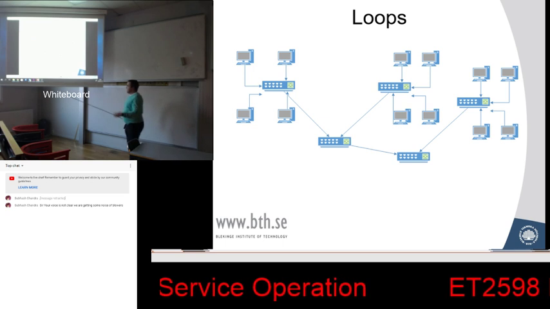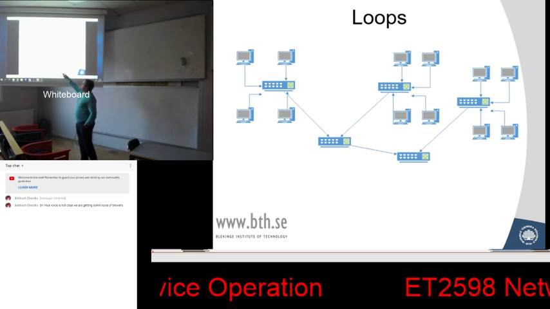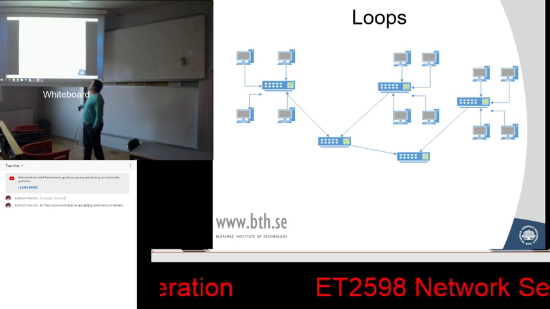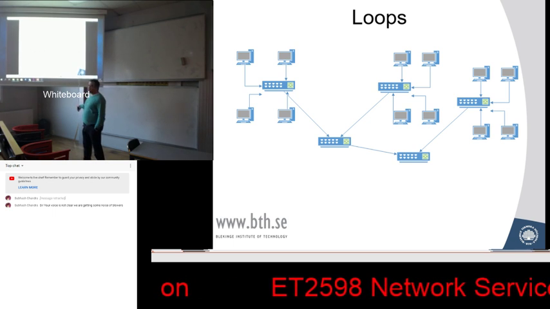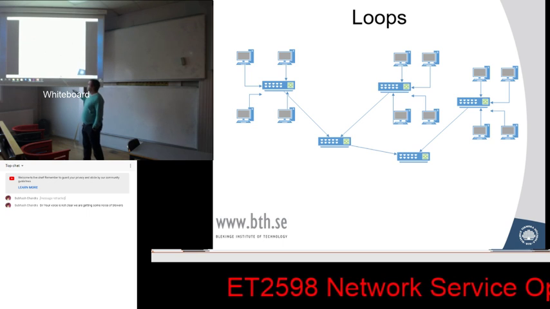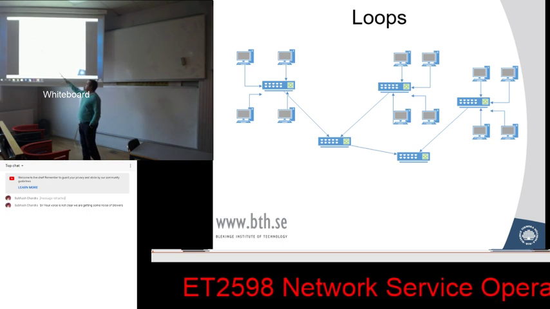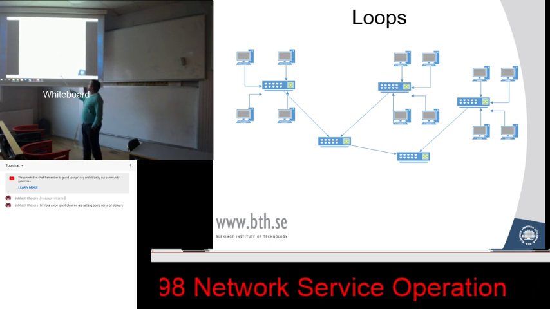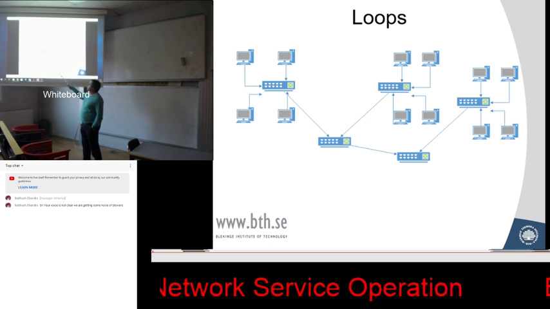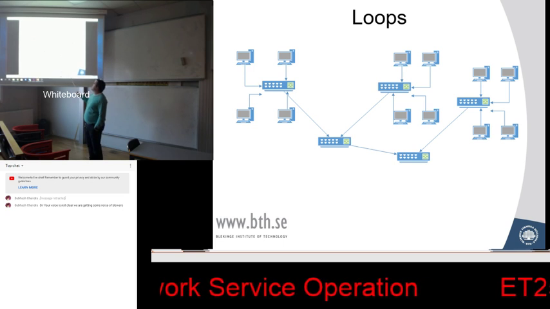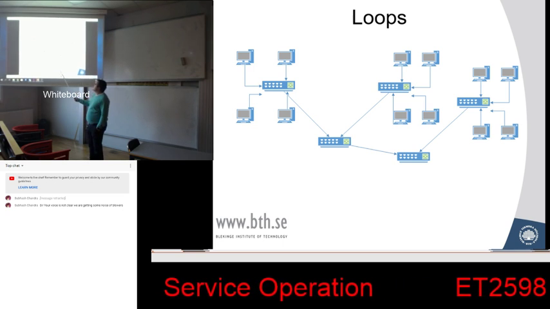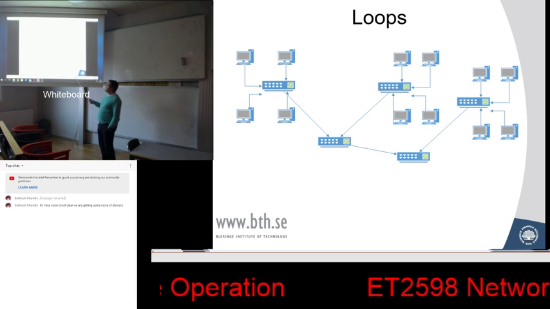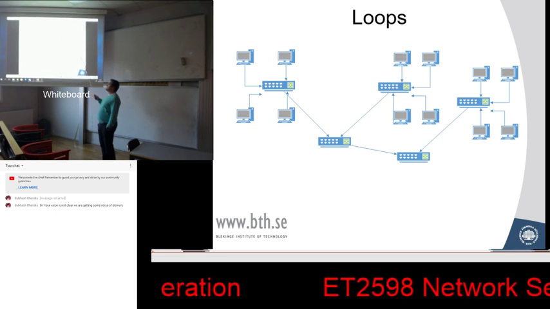Now, we have our collision domains here. If this guy wants to send a frame over here, he needs to know the MAC address, the station address. He generates it, it comes up here. This guy has learned that that device is available on that port. Comes over here, this device knows that that device is available on that port. Goes here, this device knows that it's available on that port, and this guy, it's here.